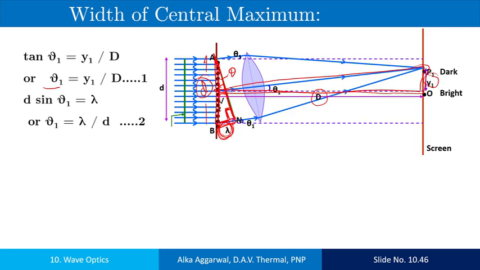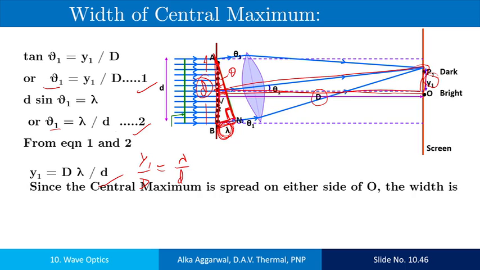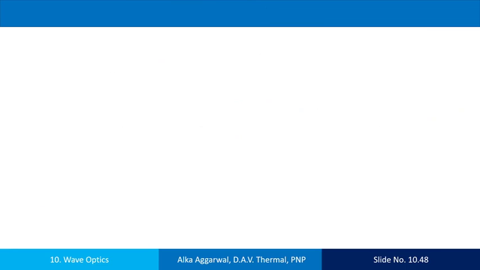So sin theta 1 is equal to lambda by d, and as the angle is very small, theta 1 equals lambda by d. From equations 1 and 2, y1 upon D equals lambda upon d, so y1 equals D lambda by d. As the central maxima expands on both sides, the width of the central maxima is 2y1, or 2D lambda by d.